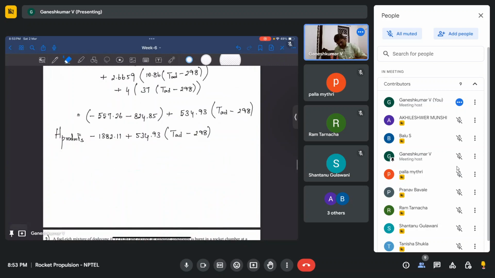So basically, into 10 power 3. So H reactant equals H product.